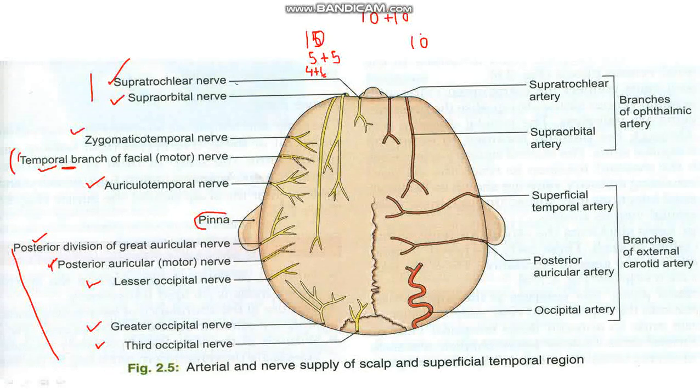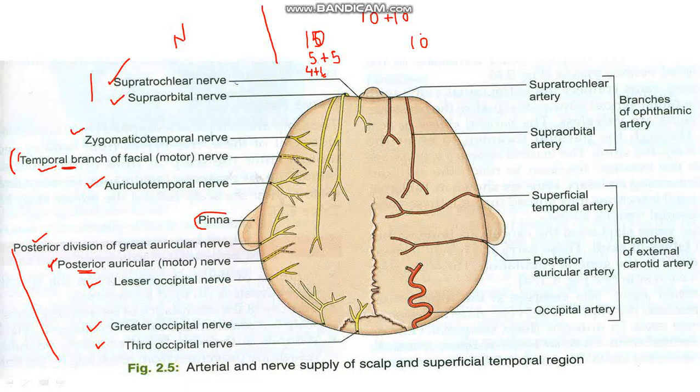The posterior auricular is motor in nature, coming from the facial nerve, whereas the others are sensory. So this is about the nerve innervation.